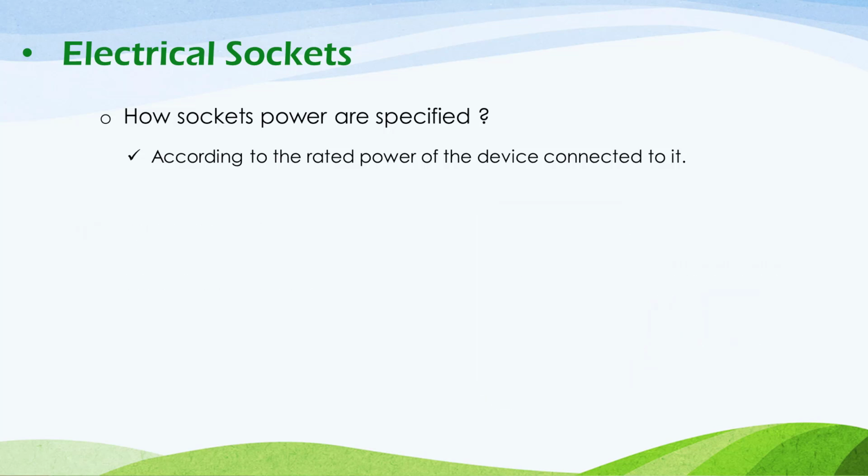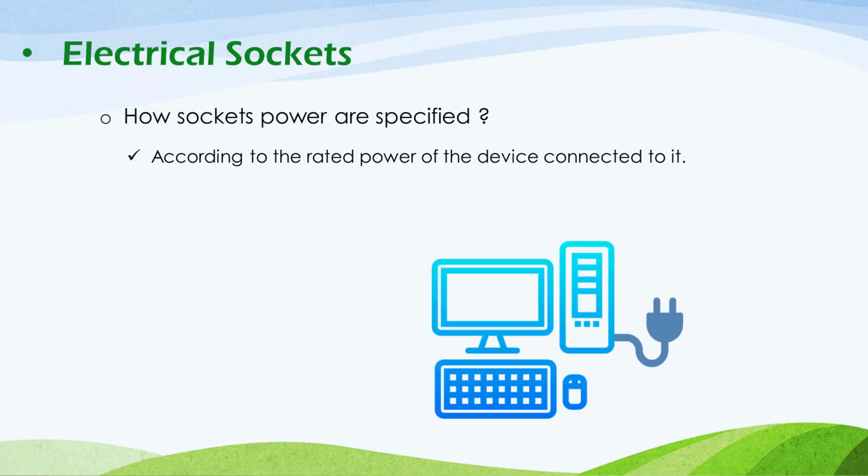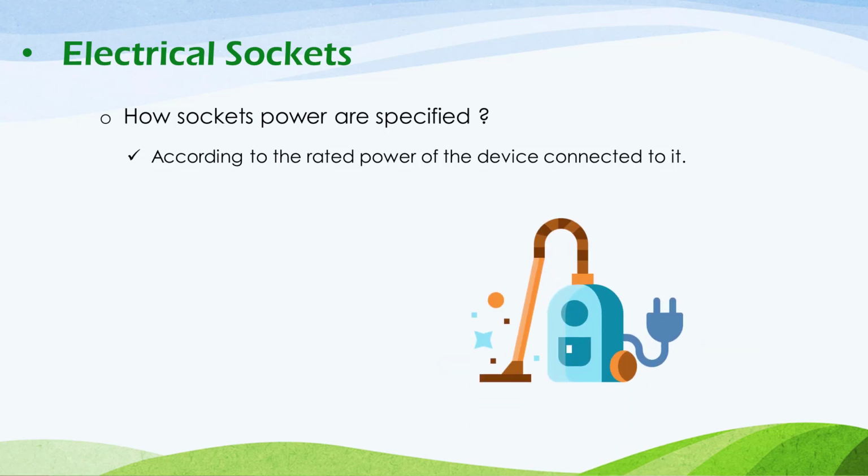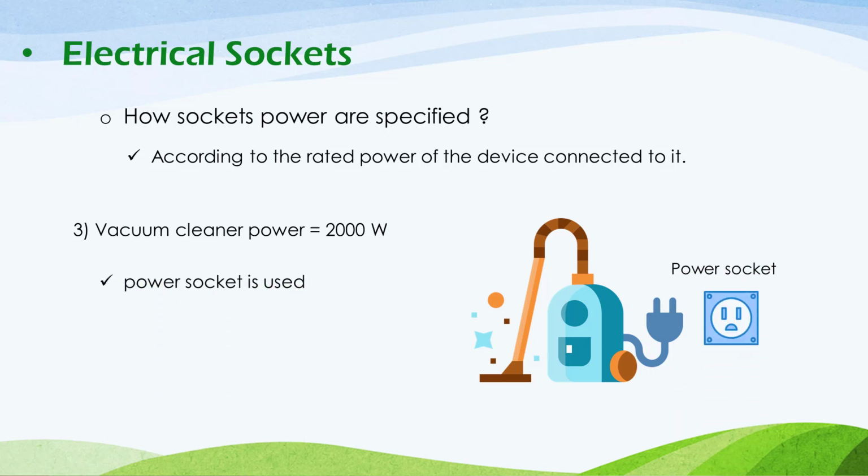Also, the second popular device we have is the computer, and the computer has a maximum power of about 200 watt, which is also less than 1000 watt, hence we use the normal socket to feed the computer. Now the third device we have is the vacuum cleaner, and the vacuum cleaner consumes a power of about 2000 watts, so it's larger than 1000 watt, hence we use a power socket in that condition to feed the vacuum cleaner.